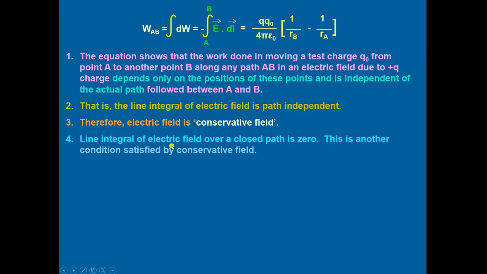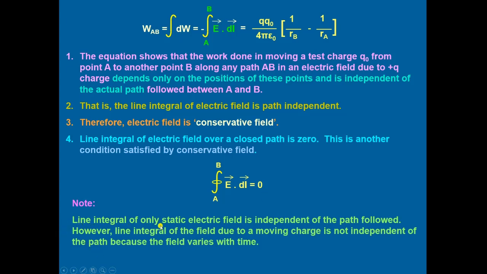The line integral of electric field over a closed path will be 0. This is another condition satisfied by the conservative force. Line integral dl of electric field around the closed path is equal to 0.